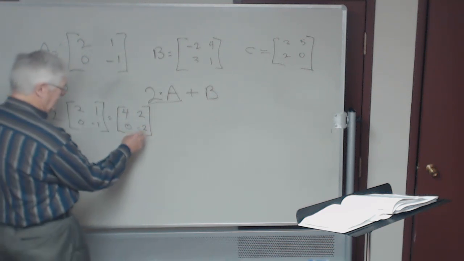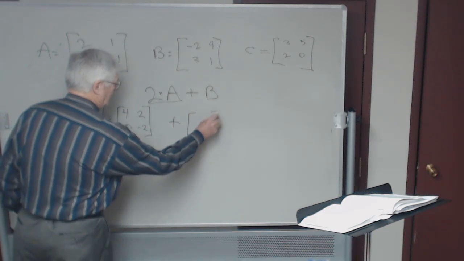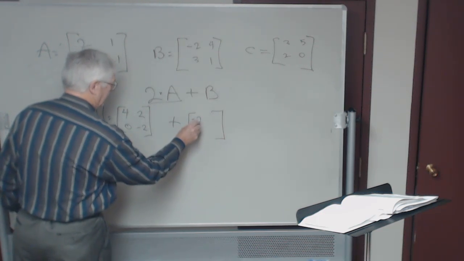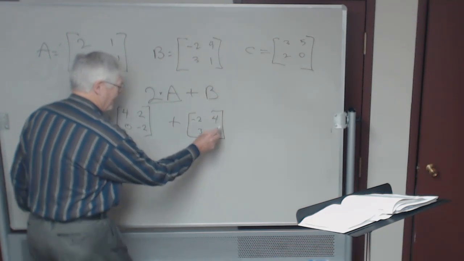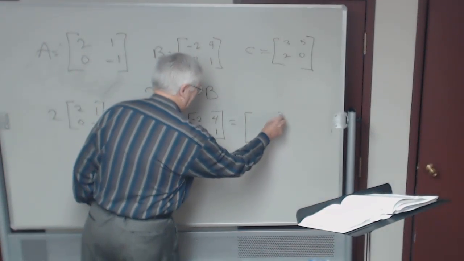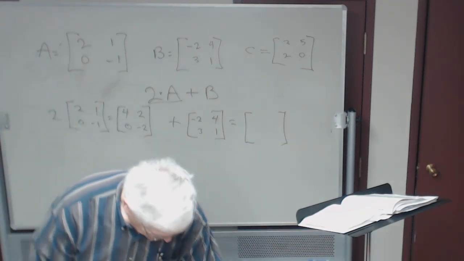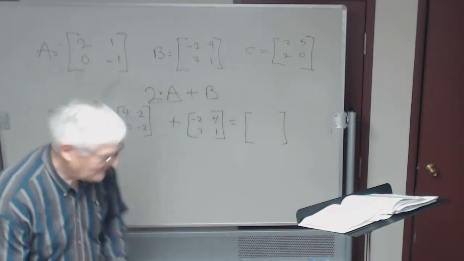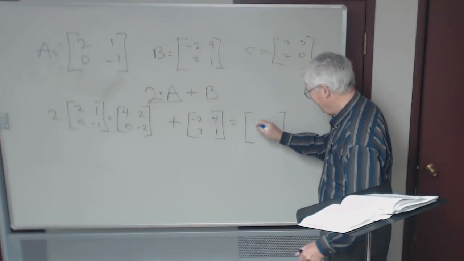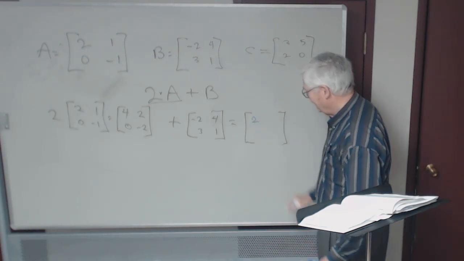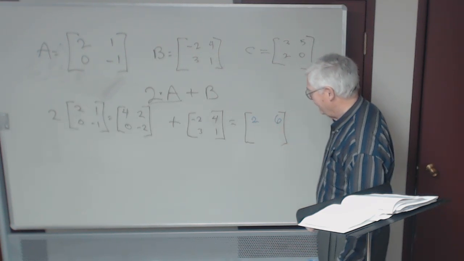Now, what am I supposed to do with this answer? Add what? B. Negative 2, 4, 3, and 1. Anybody want to guess what the answer is going to be? So 2, 6. Do you go across? 6, 3. 3.